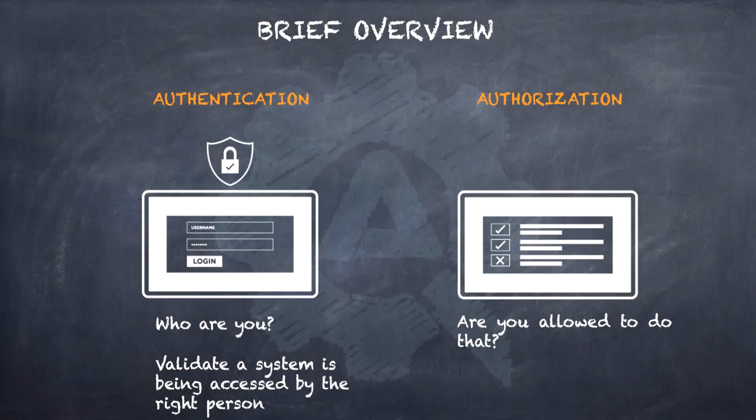It confirms your privileges to perform a particular activity on the application or the system. In simple words, it basically means that you are giving a person some rights to do something or to access data in certain cases. Now that we have taken a brief overview of what authentication and authorization stand for, it's time to relate them to a real world example to understand them better. So let's get started with it.